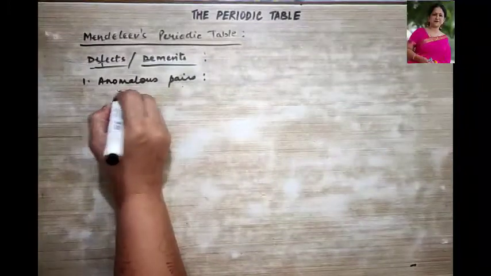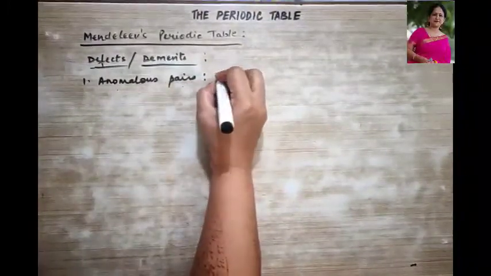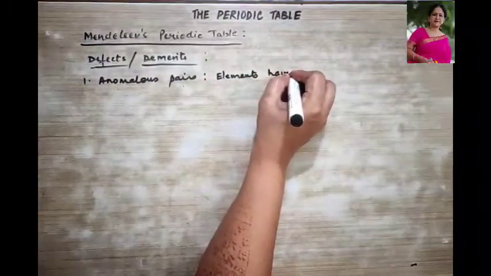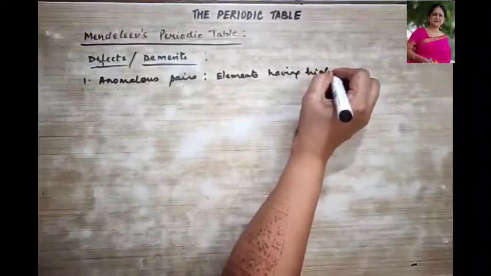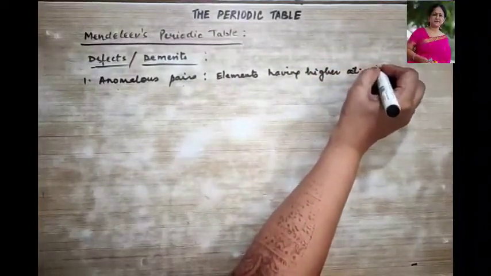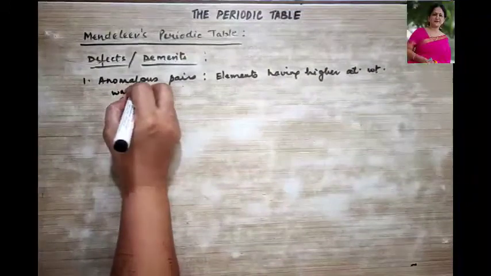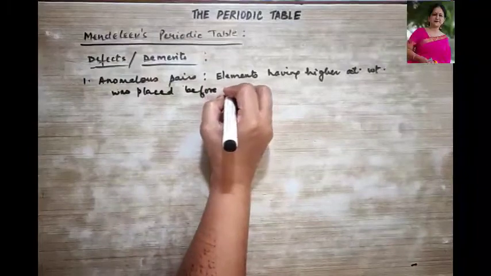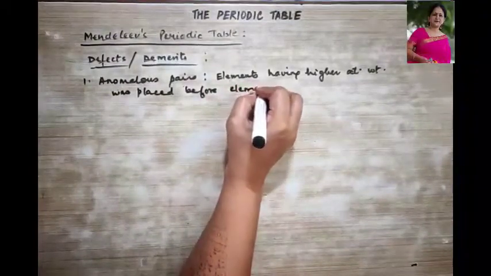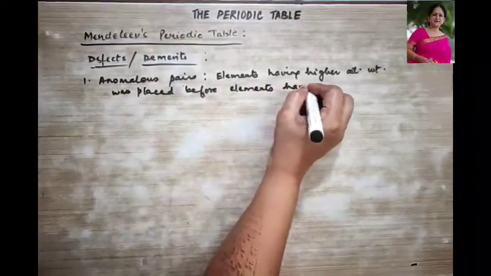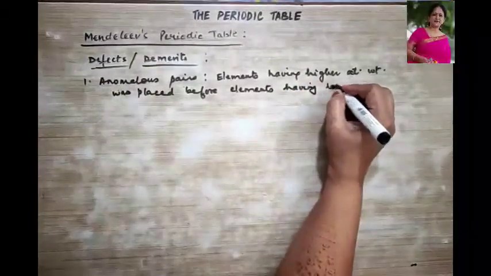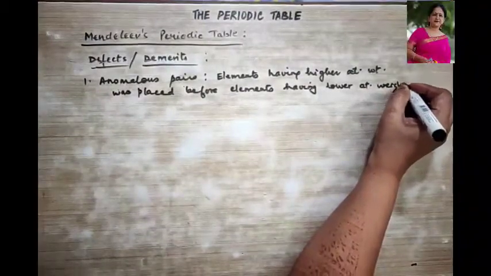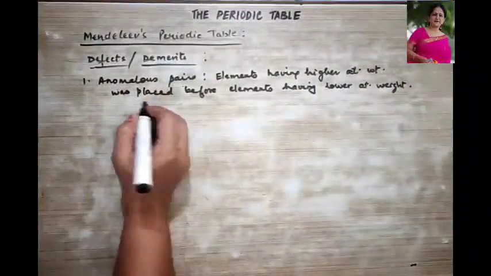For example, let me write down over here, then I'll explain. Elements having higher atomic weight was placed before elements having lower atomic weight. So this was the anomalous pairs.